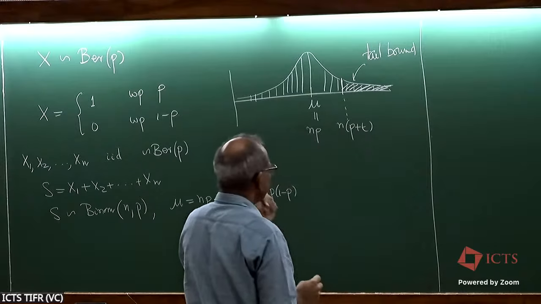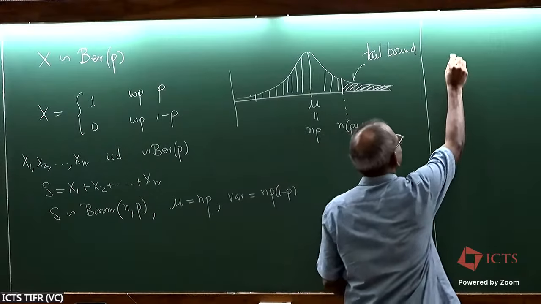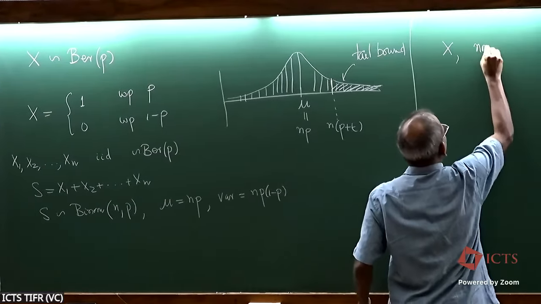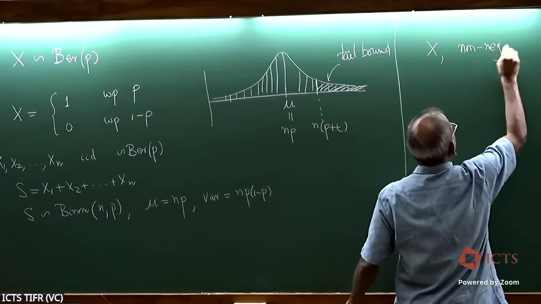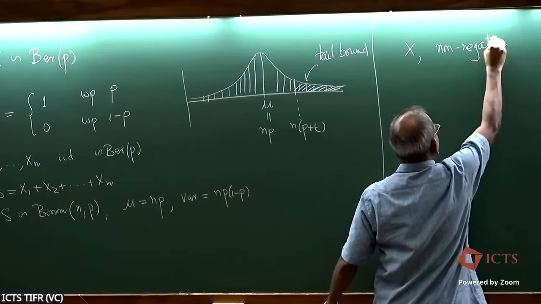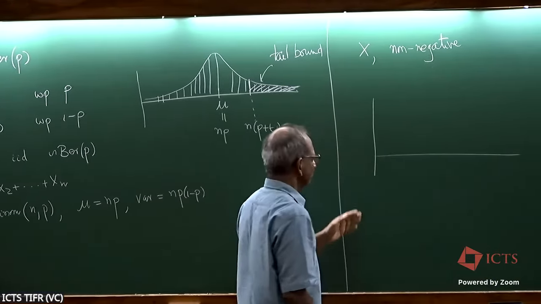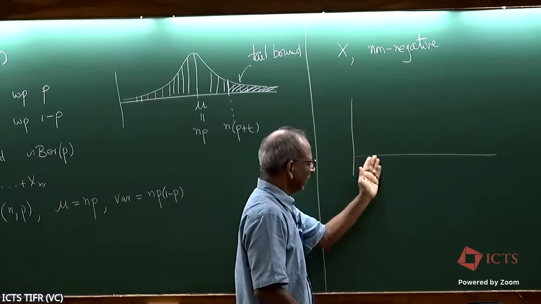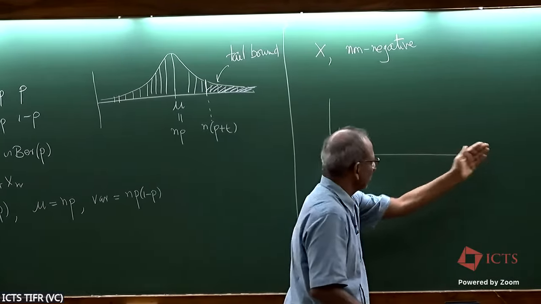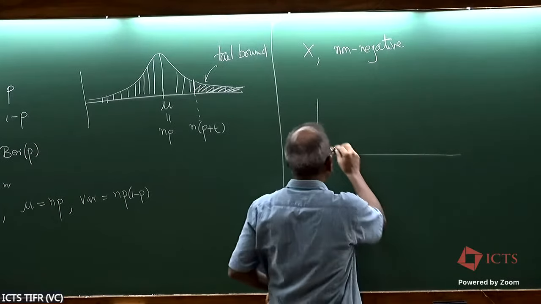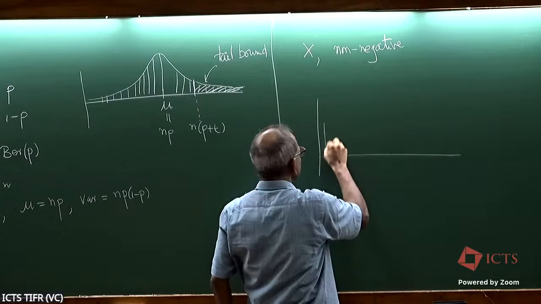So let's take any random variable x. Yeah. So it's a random variable. It takes various values, but it takes only non-negative values. Okay, and it has some probabilities.